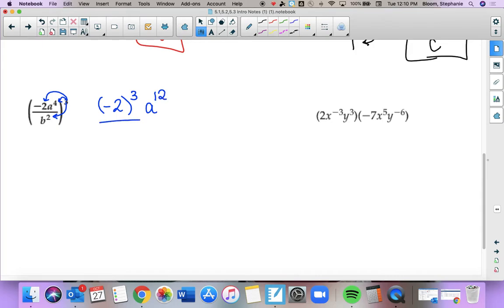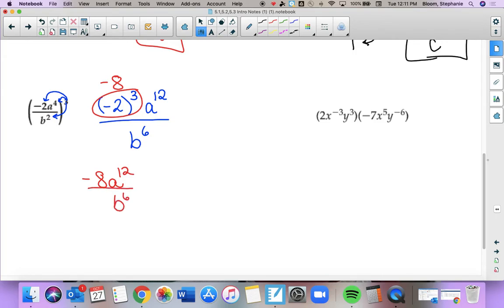So that would be A to the 12th over B to the 6th. And the last thing we're going to do is simplify that number right there. So what would -2 cubed give us? Yeah, -8. So I have -8, A to the 12th over B to the 6th.